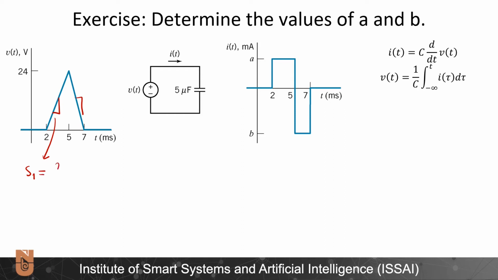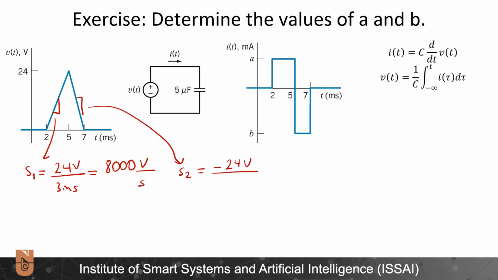slope 1, 24 divided by 3 milliseconds, and accordingly it will be 8000 volts per second. Here the second slope will be slope 2, minus 24 volts divided by 2 milliseconds, and accordingly it will be minus 12,000 volts per second.